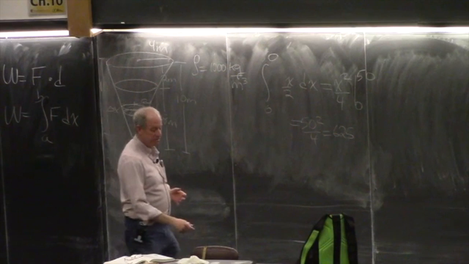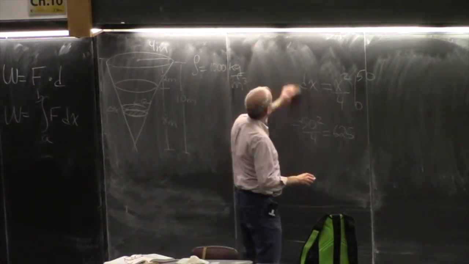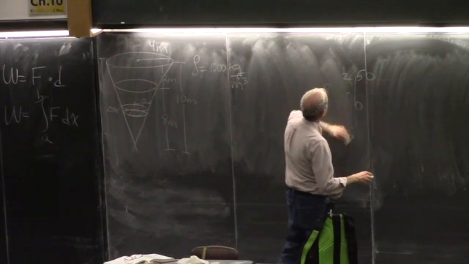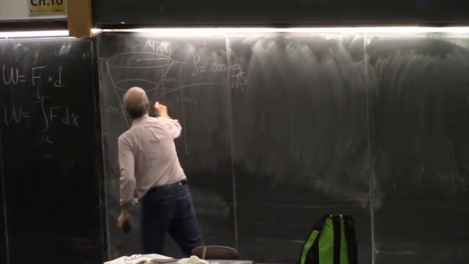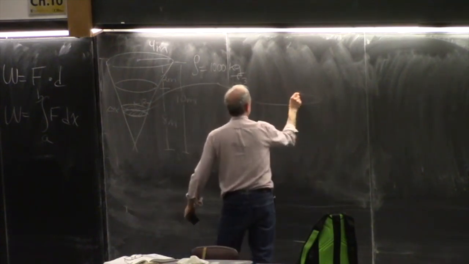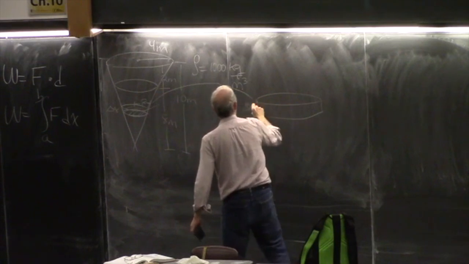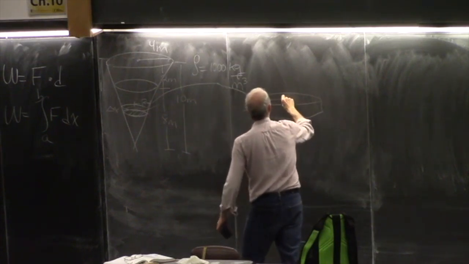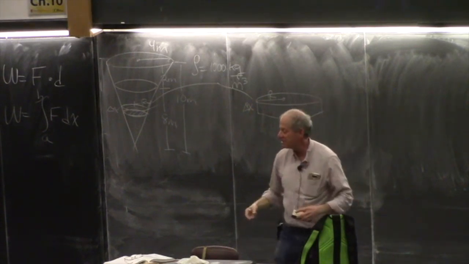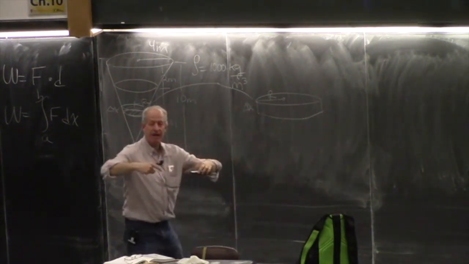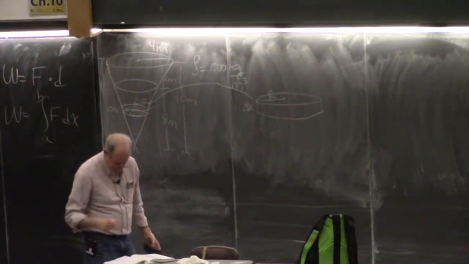Let me do some erasing for a second. To blow that up: this disk is delta x wide, and it has a radius of r. That's the water at any spot. It's just like a chain, except now it's a disk of water rather than just a thin little strip.